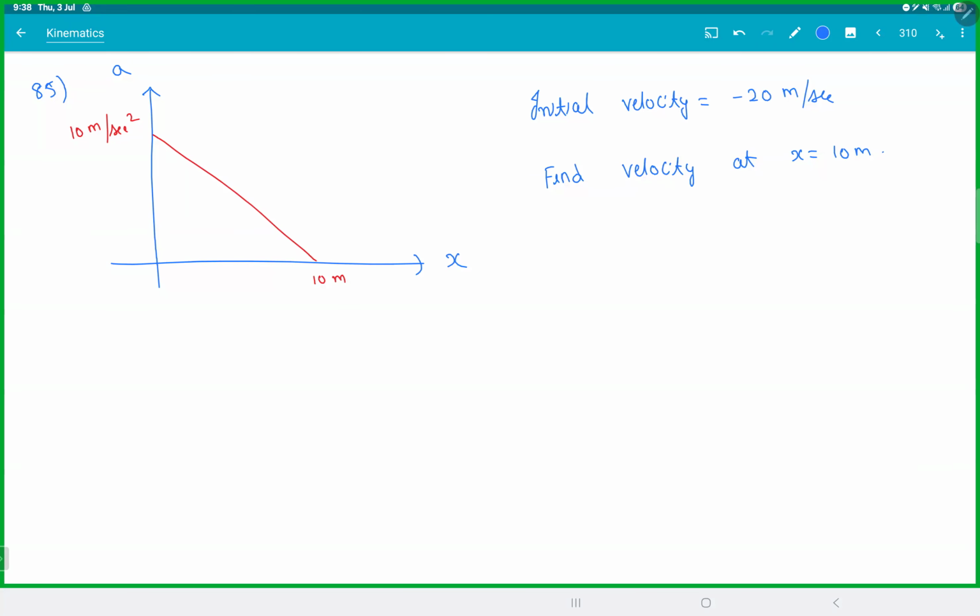Ten root 5, 10 root 6, 10 root 3. Be careful. This is an AX graph. So what does area give you?